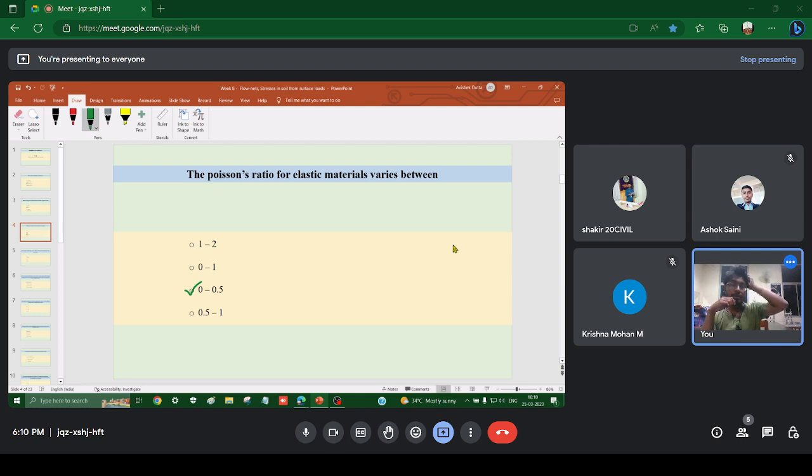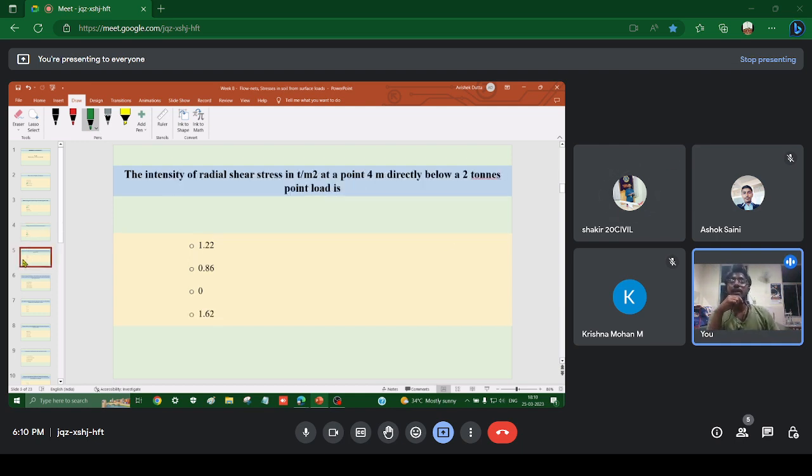Do you remember the formula for Westergaard's stress? You have the value of eta, 1 by 2 pi eta square. That part has the Poisson's ratio. So stress is also dependent upon the Poisson's ratio as per Westergaard analysis. And for elastic materials, this Poisson's ratio varies from 0 to 0.5. Good.